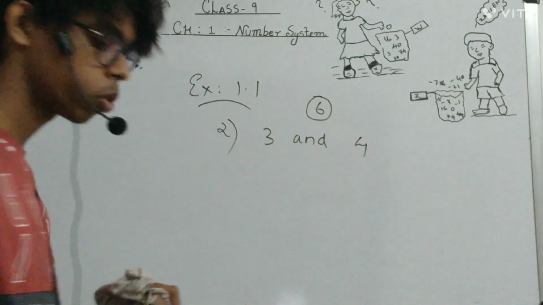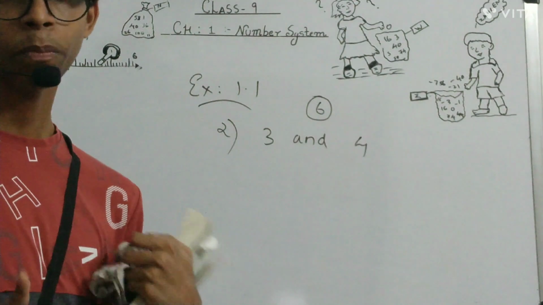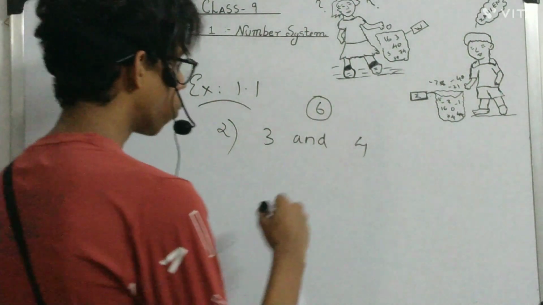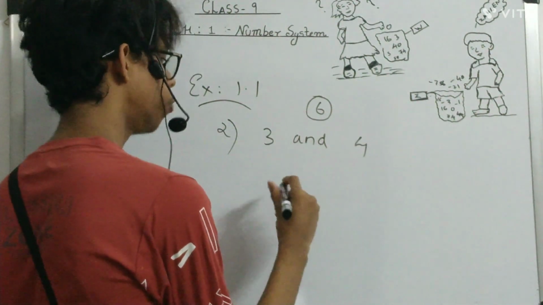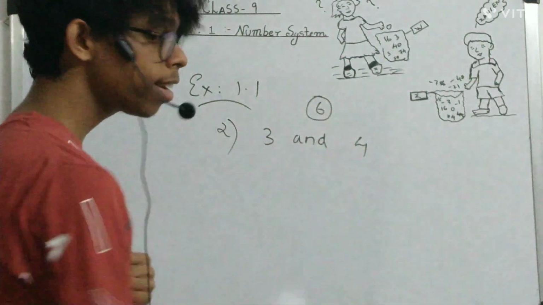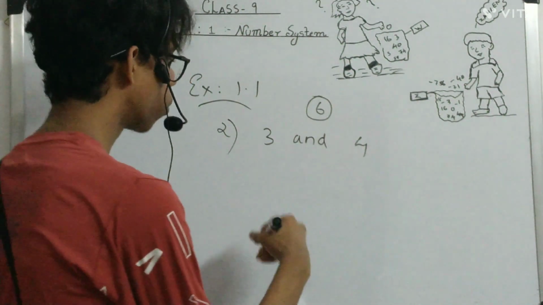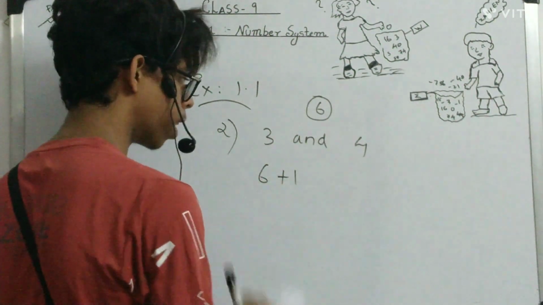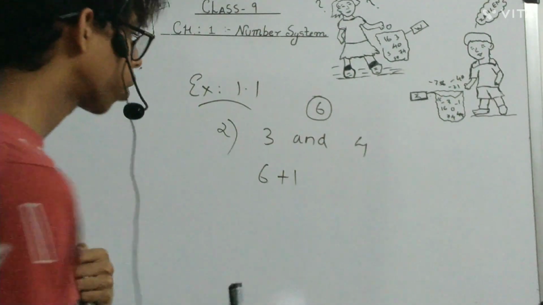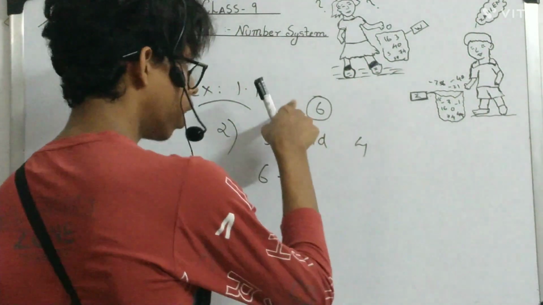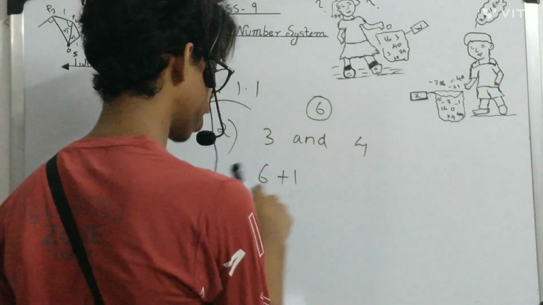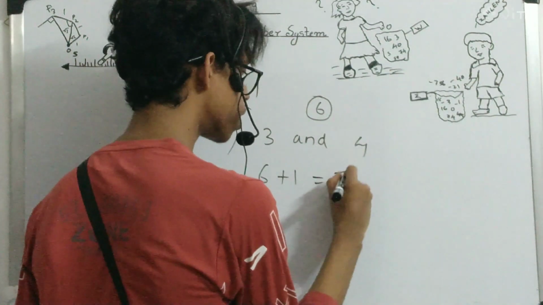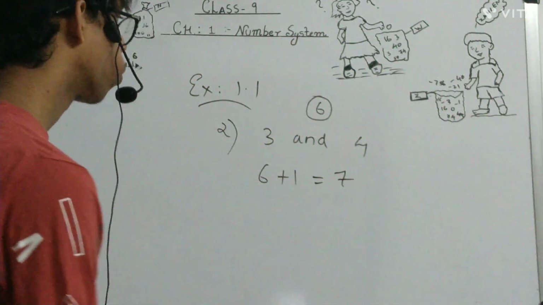So, the first step, what should we do? Here they are asking you to find 6 rational numbers, so you have to do 6 plus 1. That is your first step. Always add 1 to the number of rational numbers you are asked to find. So 6 plus 1 is equal to 7.